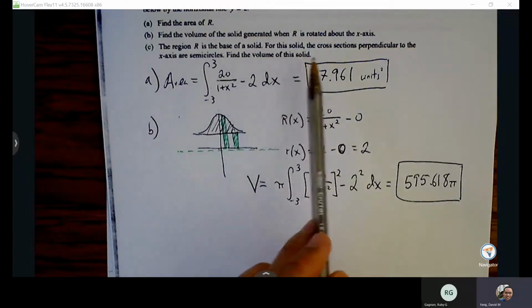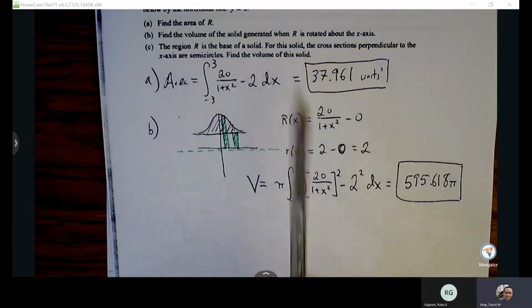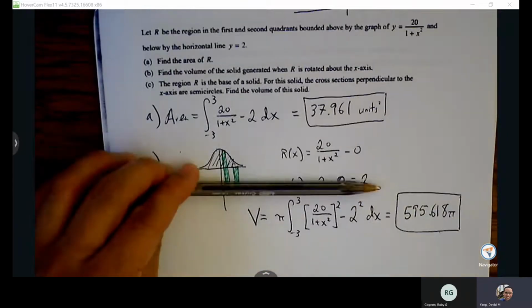Okay, again, semicircles perpendicular to the x-axis. So here's the x-axis, perpendicular, again, vertical.